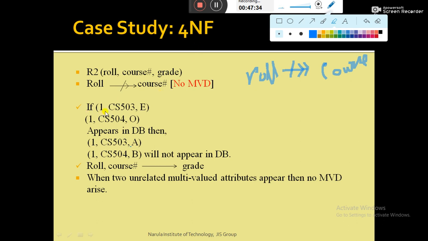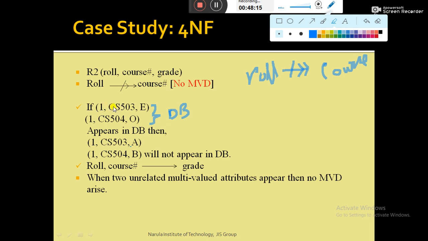Suppose roll number 1 enrolled in course CS503 and secured grade E, and the same student 1 enrolled in another course CS504 and secured grade O. These two rows are already present in the database. That means a particular roll number has multiple course values.